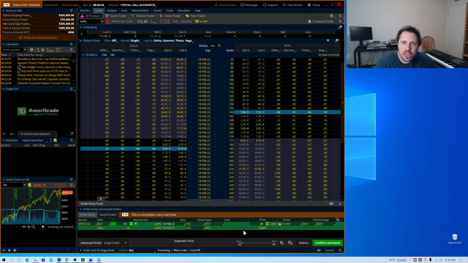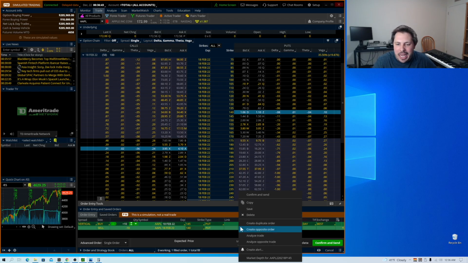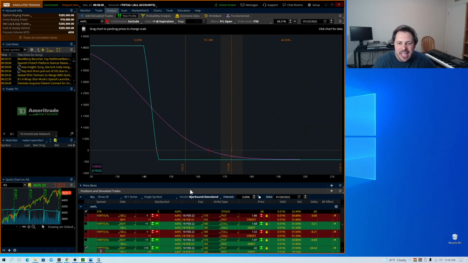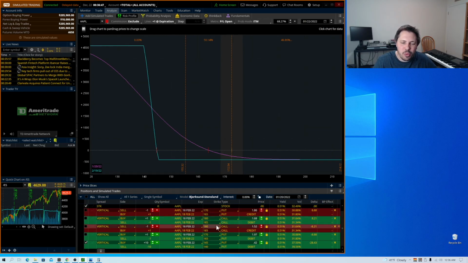With the debit spreads, it works the opposite. Remember, with the credit spreads, the farther out of the money we sell the credit spread, the worse the risk to reward is. The opposite is true with the debit spread. When we buy the debit spread out of the money, we get much better risk to reward.